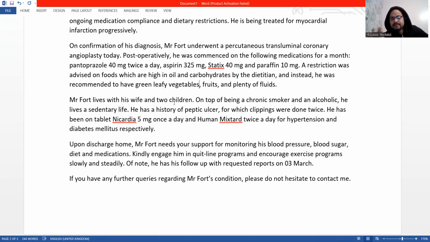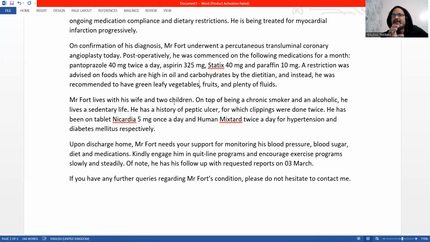So encourage exercise programs slowly and steadily. It was written exercise daily. So it is always better to write daily exercises and avoid strenuous exercises. So just for understanding, we have just combined it together.